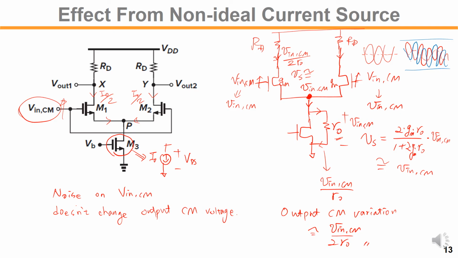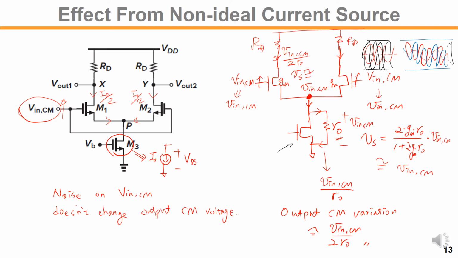Okay, so without common mode variation, even higher swing was supported, but with common mode variation, your output signal can be limited by that variation.